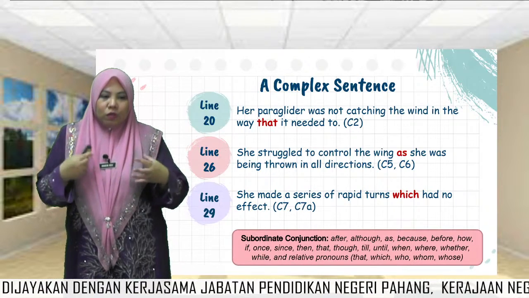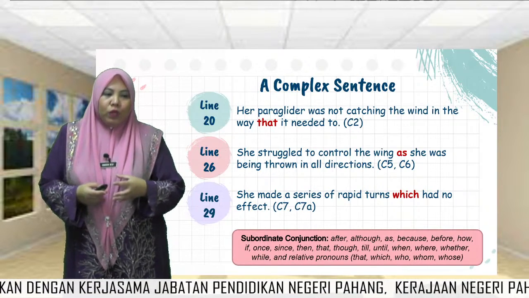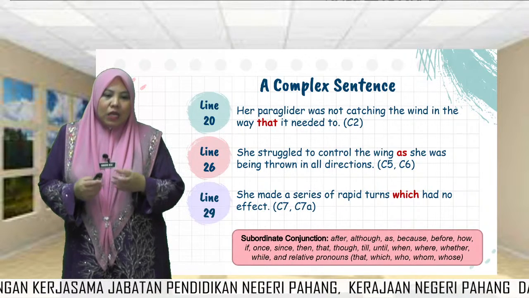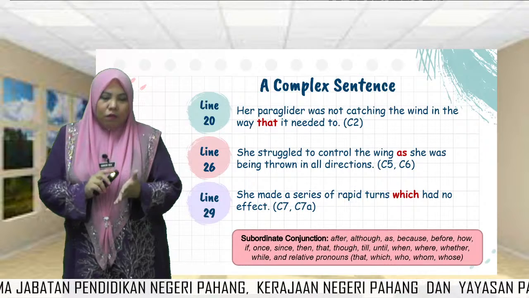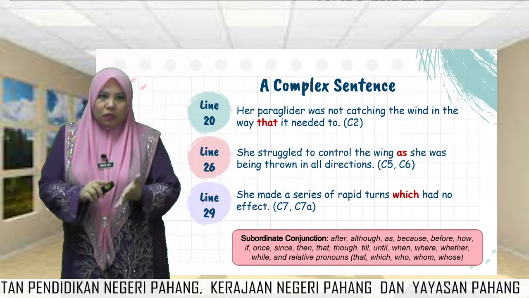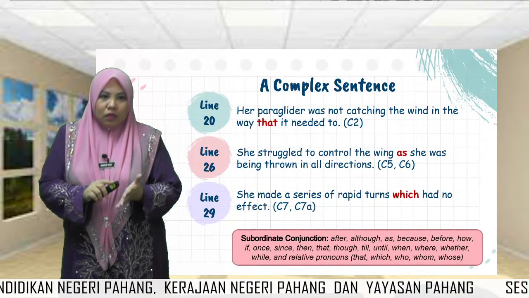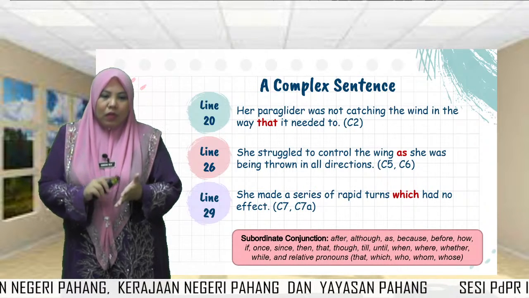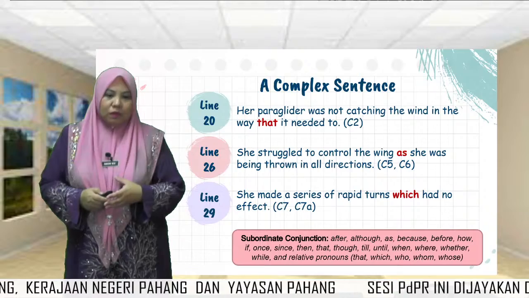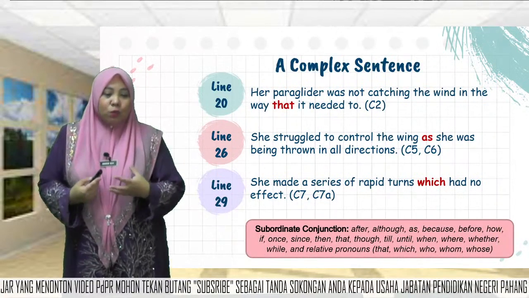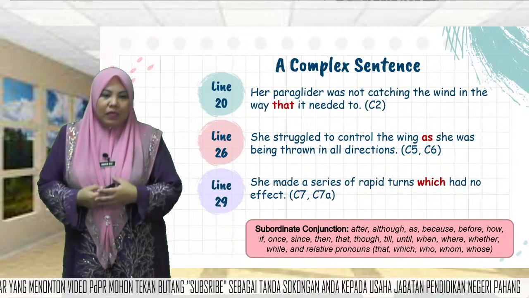For you to remember easier, whichever conjunction that is not in FANBOYS, which is for, and, nor, but, or, yet, and so, other than FANBOYS, it will become a subordinating conjunction. Okay? That's one way to remember easier.